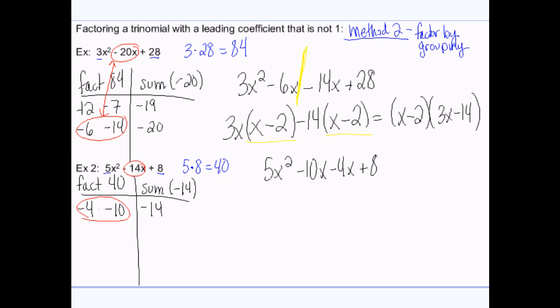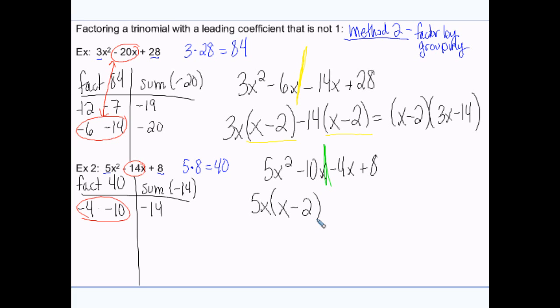And then, like I said, I'm going to consider it to be kind of two separate zones. 5 and 10 have a 5 in common, so I take that out. They have an x in common, so I take that out. And I'm left with 1x, and 10 divided by 5 is negative 2.